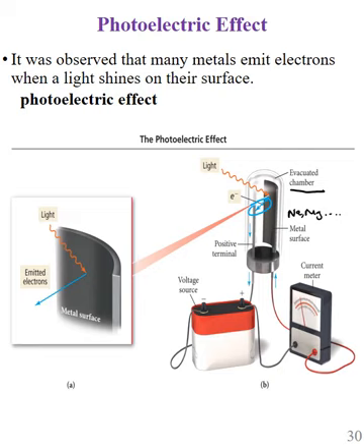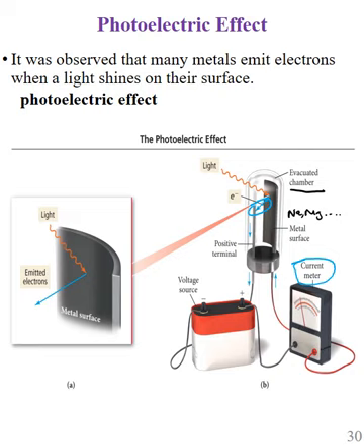The reason they knew electrons were being emitted is that they would travel through this wire and connect with this battery, and it would produce some amount of current. So they knew that electrons were being emitted due to the current being measured.